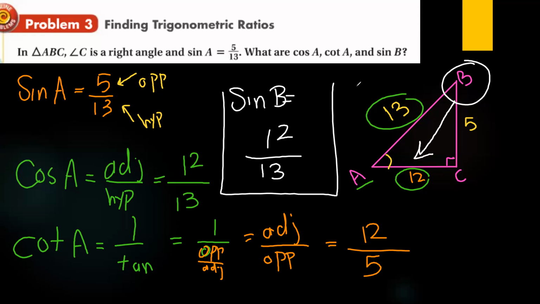Not the opposite here, 5. No, the opposite and the adjacent will change according to which angle I'm talking about. The hypotenuse will be the same, but for the sine of B, for the angle B, the opposite will change. This is the opposite side, which is 12.